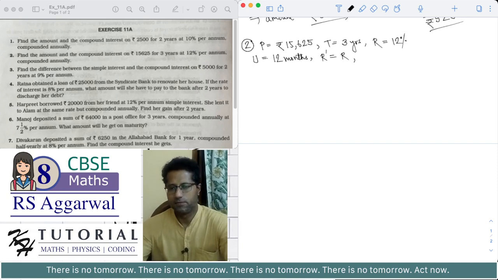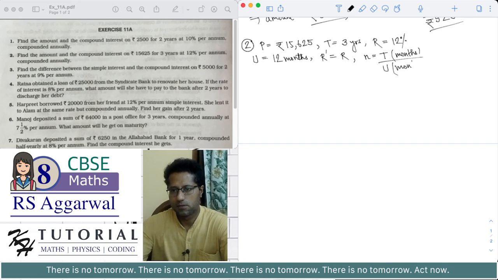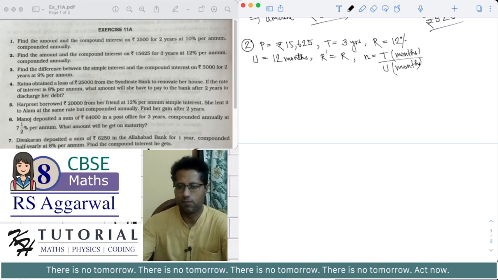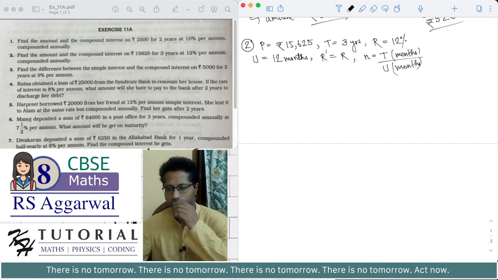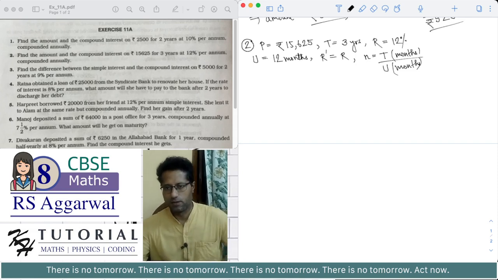Also, how many times do we have to calculate the interest? Small n, as per my formula, is T in months divided by U in months. This gives the number of times we have to calculate the interest.